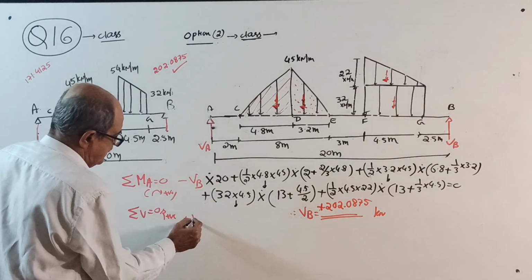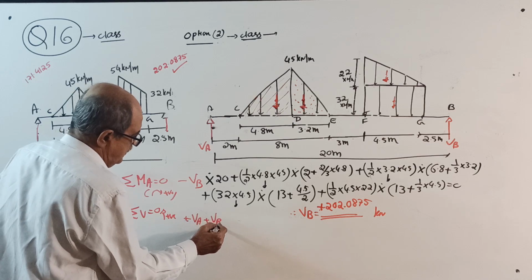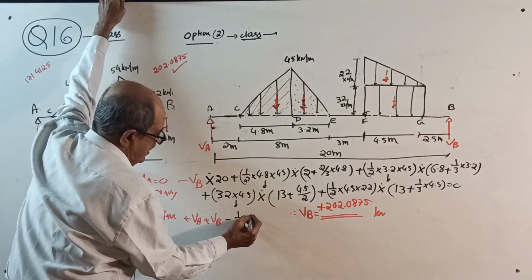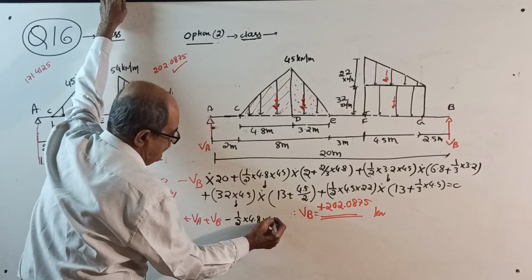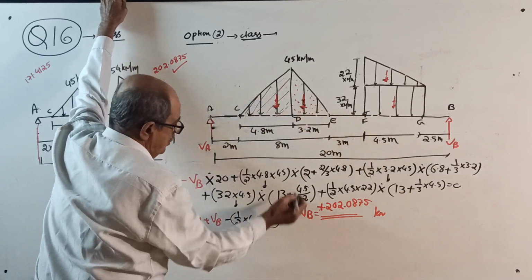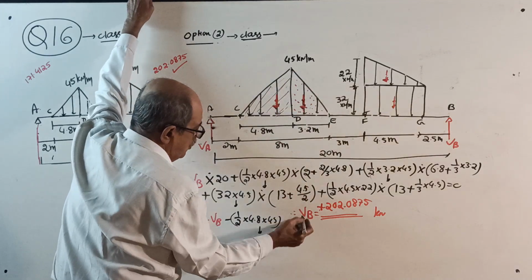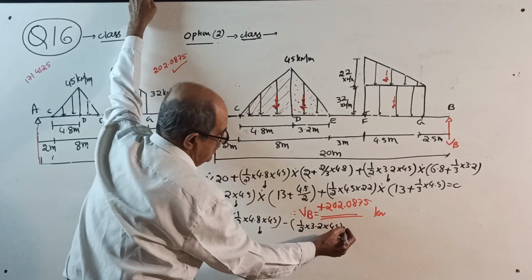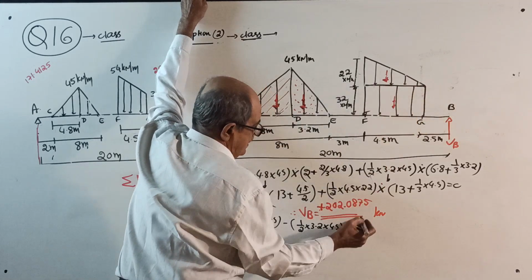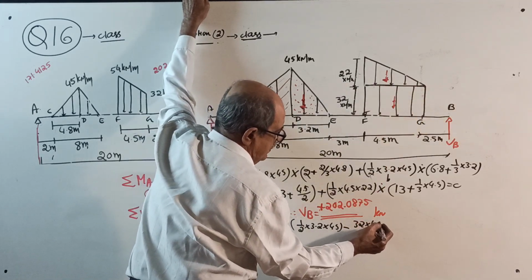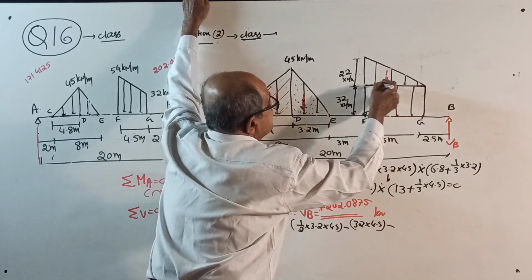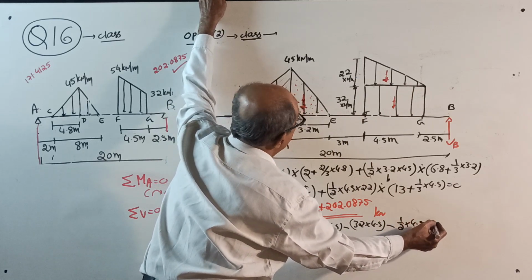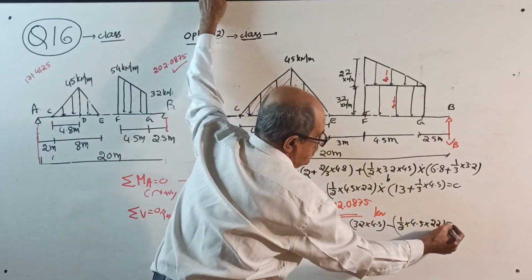You get plus VA plus VB, then minus this load, minus half into 4.8 into 45, again minus this load, half into 3.2 into 45, minus this UDL, 32 into 4.5, again minus this triangle, half into 4.5 into 22 equal to 0.